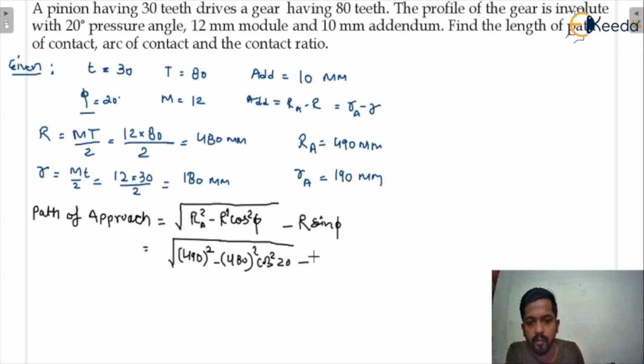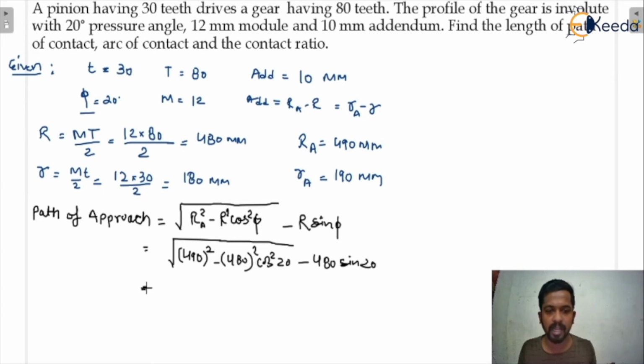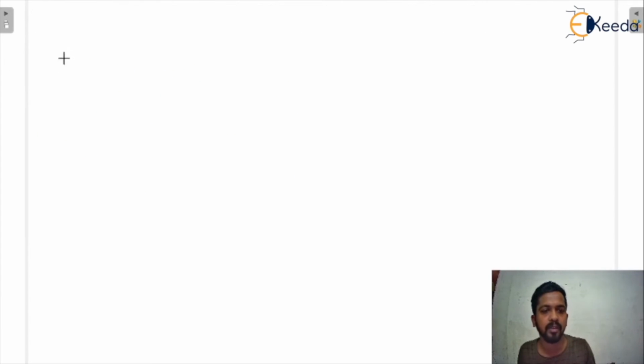So R is 480, sin phi means sin 20 degrees. Now just calculate the value of this and you will get the path of approach. When you solve this, you will get 27.3. I have calculated using a calculator and I am putting the value directly, so that is 27.3 mm. Similarly, we can calculate the path of recess.